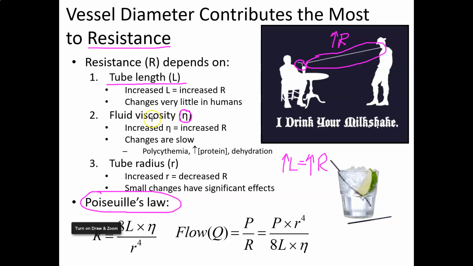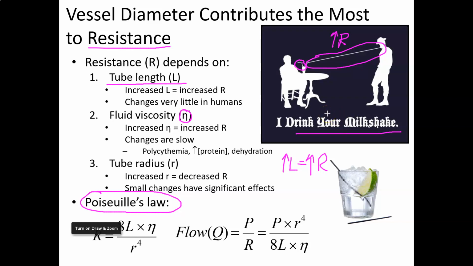As an example, if you drank through a straw of the same length, drinking soda or iced tea would have a lower viscosity than drinking a milkshake through the straw.